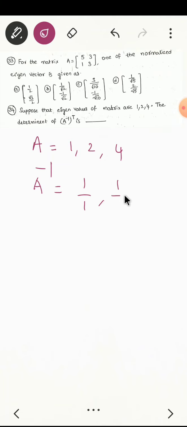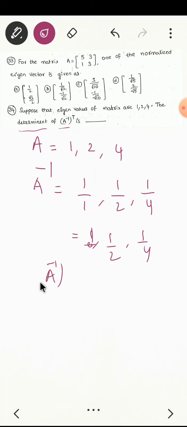If lambda 1, lambda 2, lambda 3 are the eigenvalues of A, then the eigenvalues of A inverse are 1 by lambda 1, 1 by lambda 2 and 1 by lambda 3. So 1, 1 by 2, 1 by 4. These are the eigenvalues of A inverse. Then they are asking the determinant of A inverse transpose. So first find A inverse transpose.